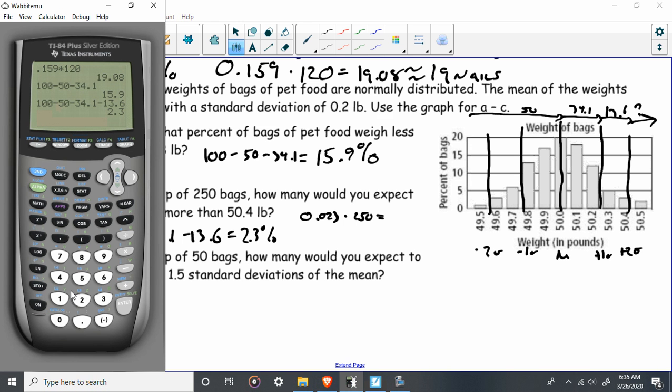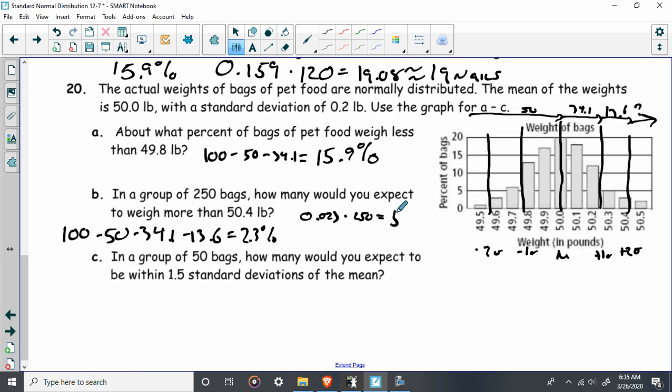So it's going to be 250 times 0.023, and that's going to give you 5.75. So about 5 or 6 bags. So about 6 bags.